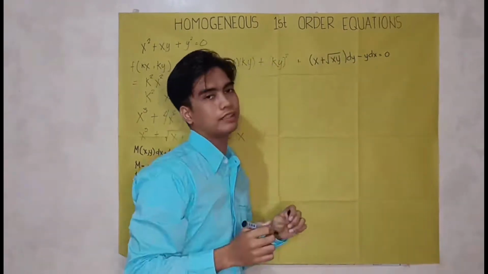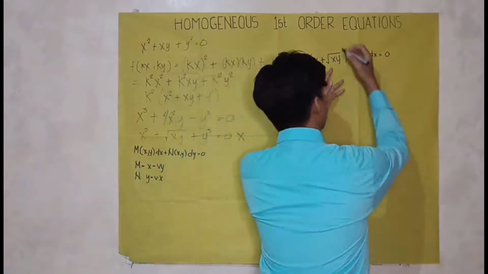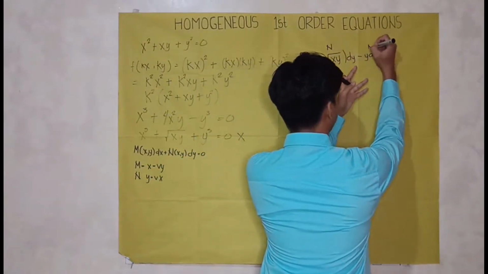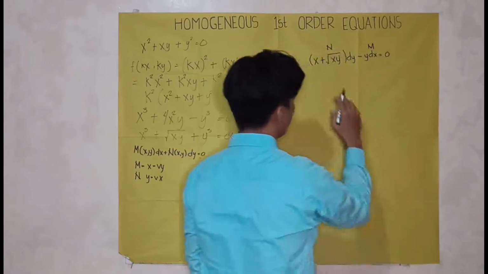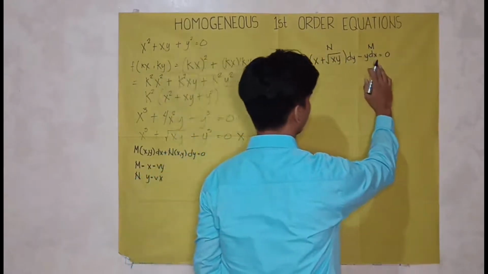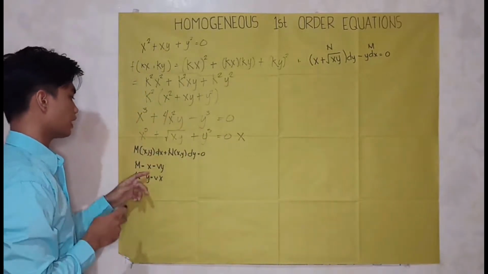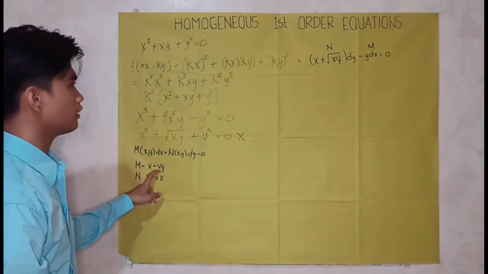So, kung makikita nyo, ito yung n at ito yung m. So, ang mas simple dito is yung m. So, sabi dito, kung mas simple ang m, gagamitin mo yung x is equal to v times y.